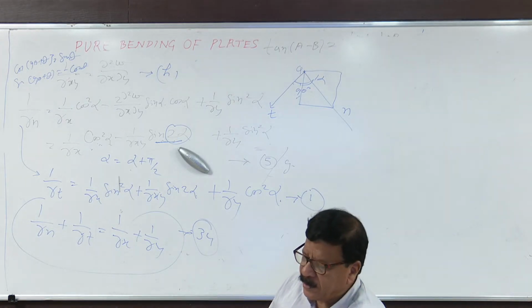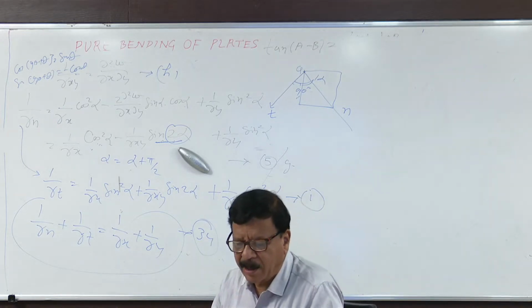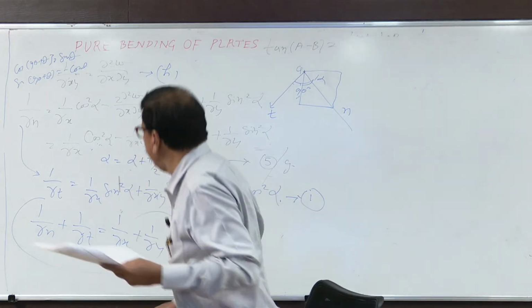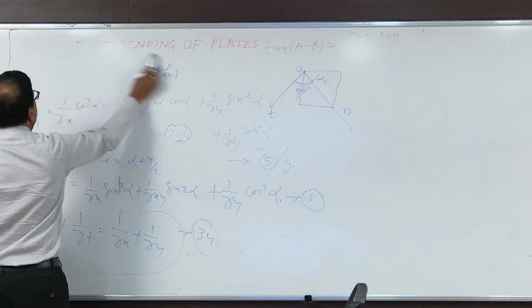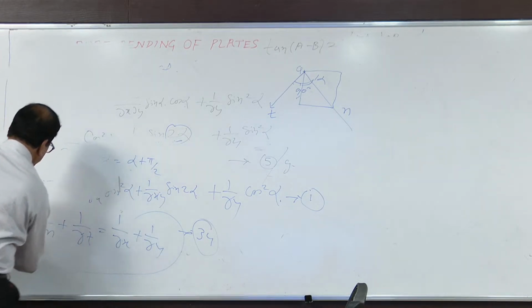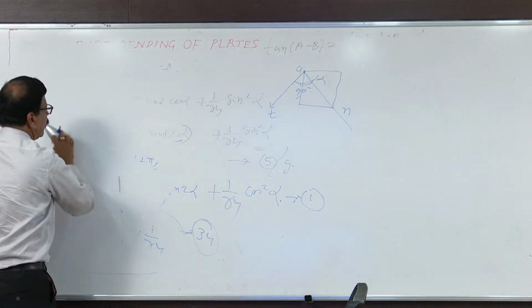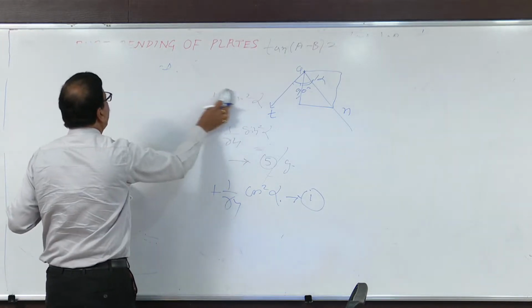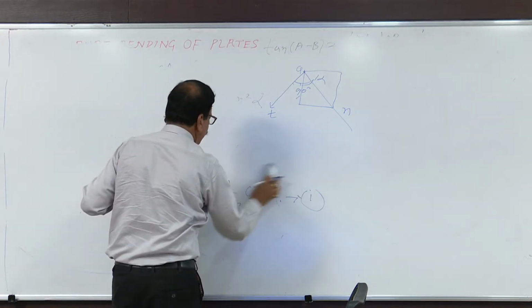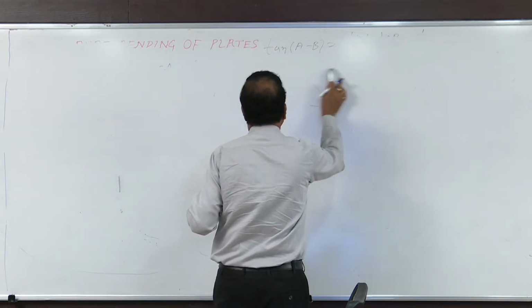Twist of the surface at A with respect to AN and AT direction is 1 upon Rnt. So, for the assignment you can write the question, prove that 1 upon Rx plus 1 upon Ry is equal to 1 upon Rn plus 1 upon Rt.